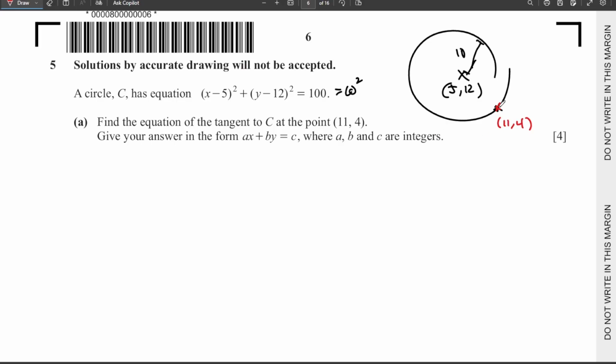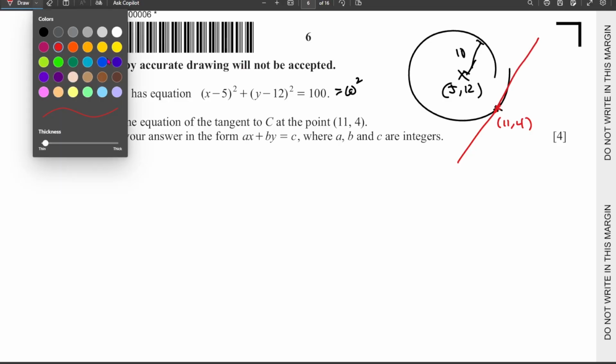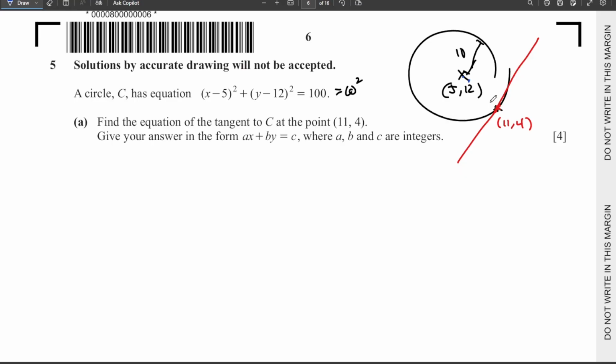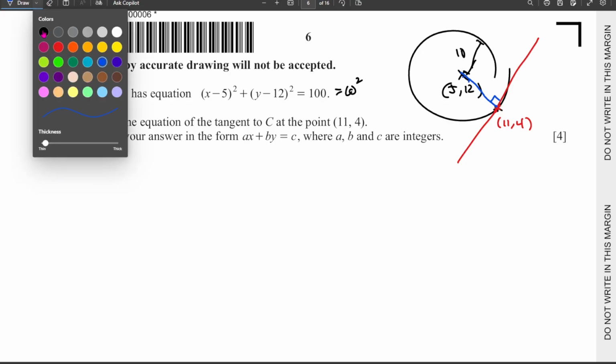So we want to find the equation of the tangent. What do you recall from your circle theorems? A tangent will always be perpendicular to the radius. So first, let's find the gradient of the radius, and then we find the perpendicular or normal gradient.